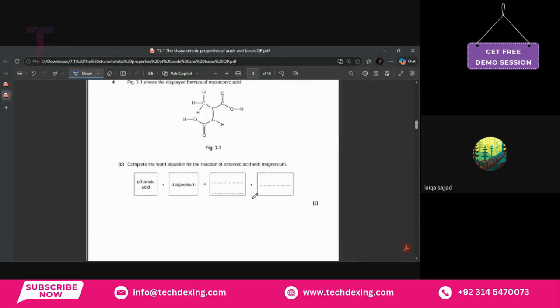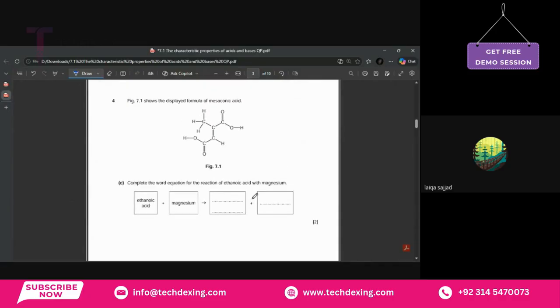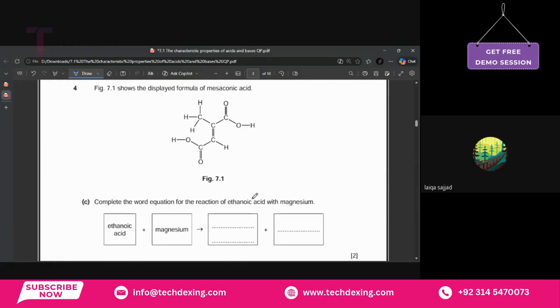Okay, moving forward, we are given the figure. It shows the displayed formula of ethanoic acid. You have to complete the word equation for the reaction of ethanoic acid with magnesium. I guess the questions are skipped. I think so. Anyhow, you have to complete the word equation for the reaction of ethanoic acid with magnesium.